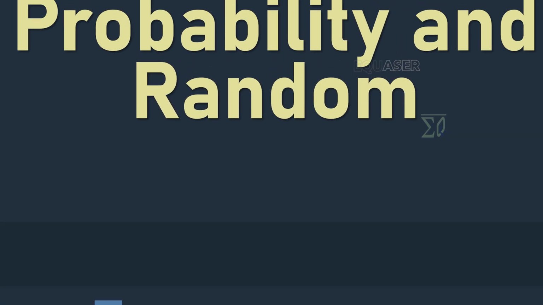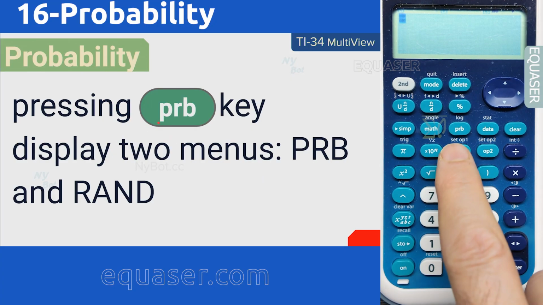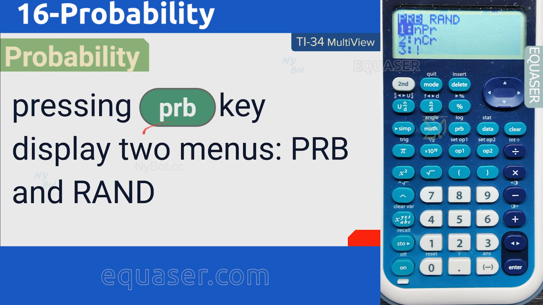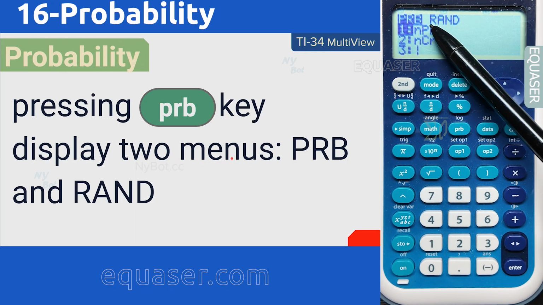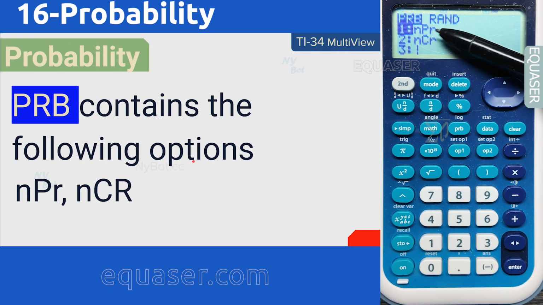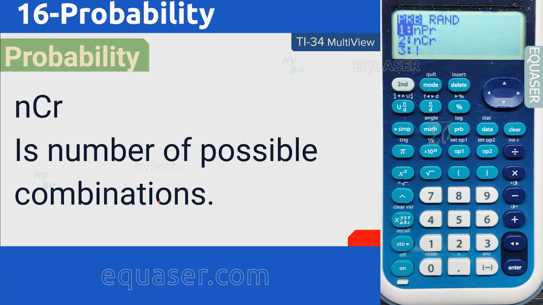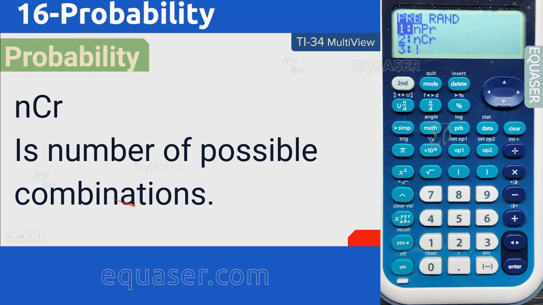Now let's have a look at the probability features of this calculator. When we press PRB, this button that we displayed, the calculator displays 2 menus, PRB and RAND. PRB contains the following options: nPr, nCr, and the factorial. nPr is the number of possible permutations, P for permutation, and nCr is combination.